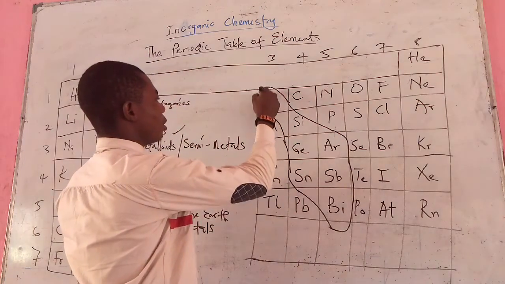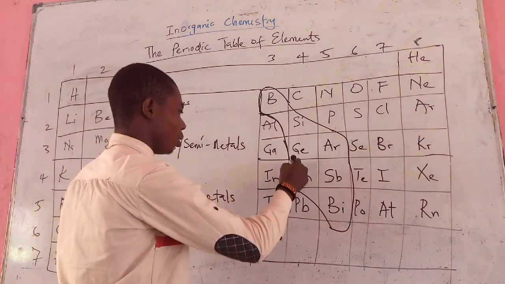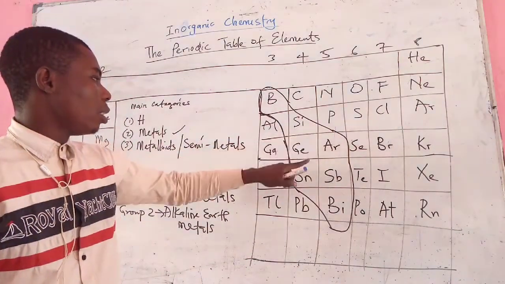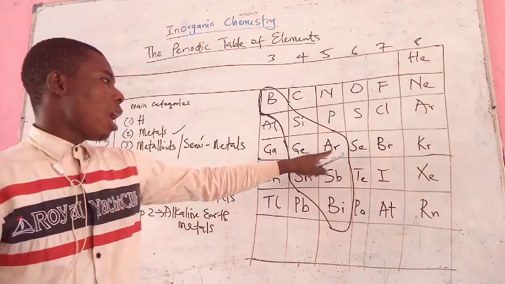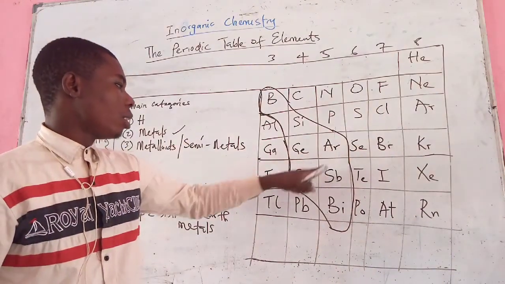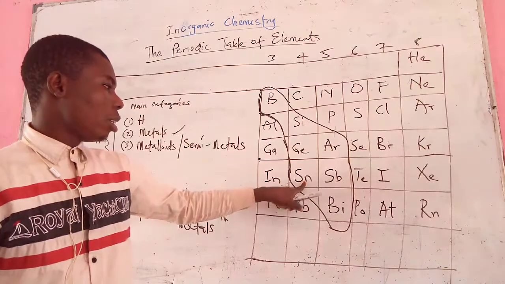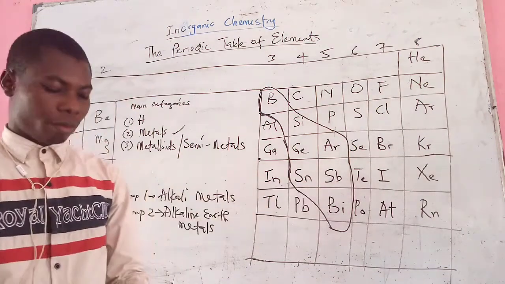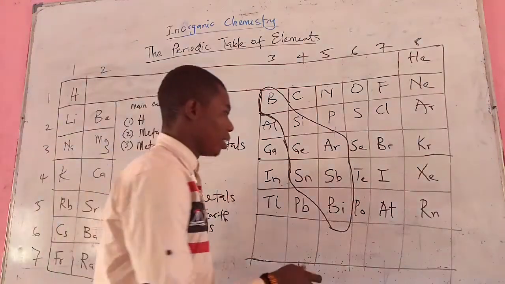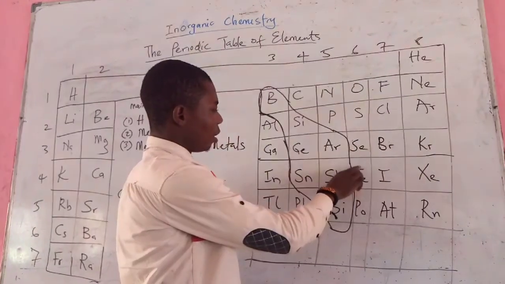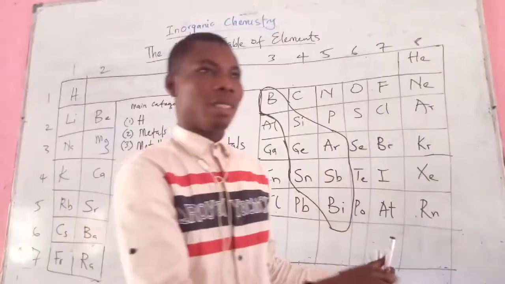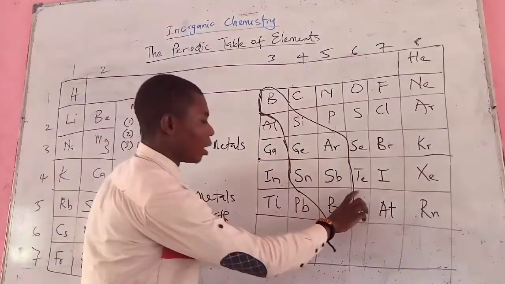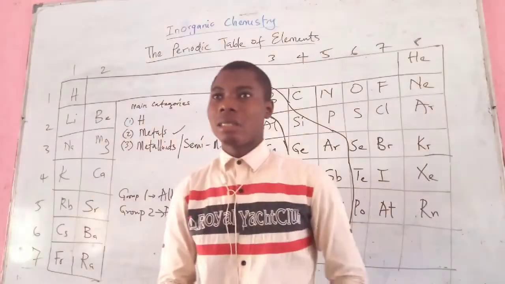These are the metalloids in the periodic table: boron, silicon, germanium, arsenic, antimony, tin, bismuth. At times, polonium can be taken as a metalloid.